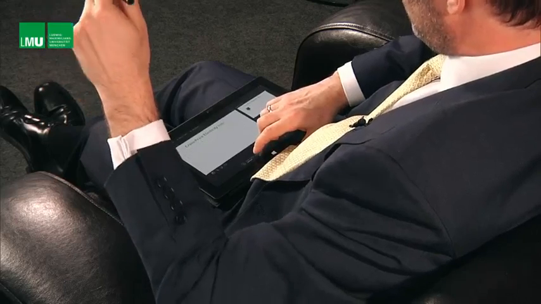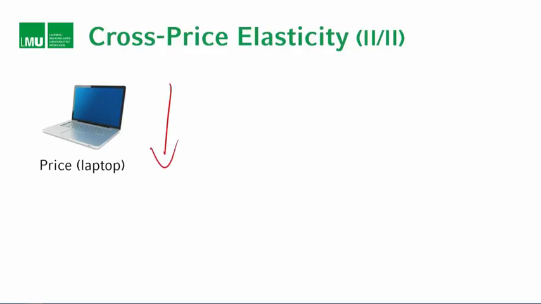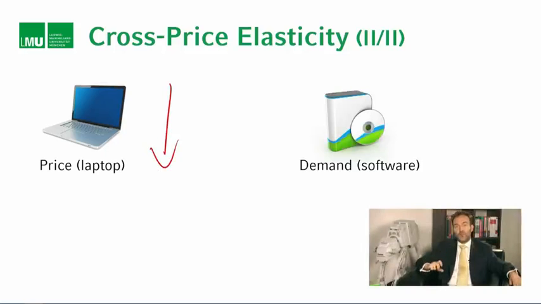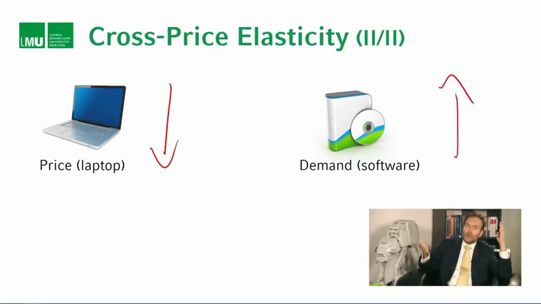So let's think of the example of our laptop and the software again. What happens if the price for the laptop goes down? Then demand for software is going to increase. And how can that happen? Well, the price for laptops going down does two things.